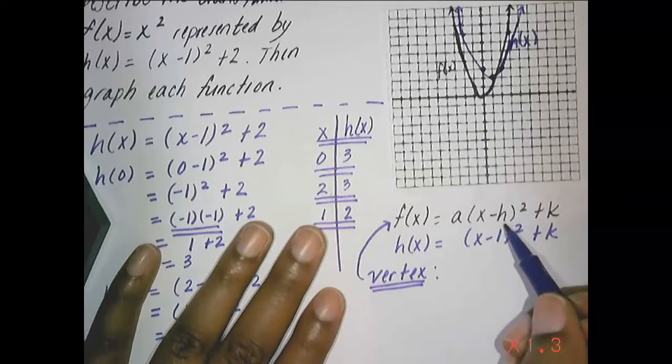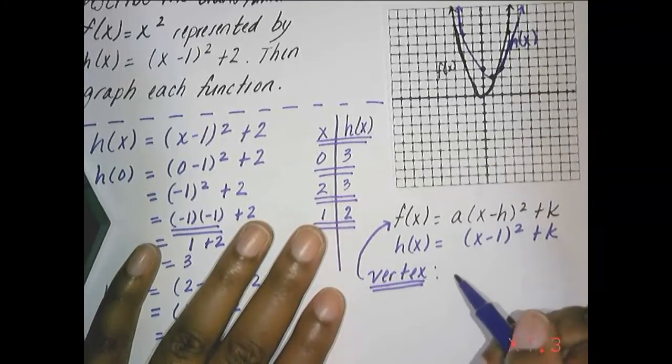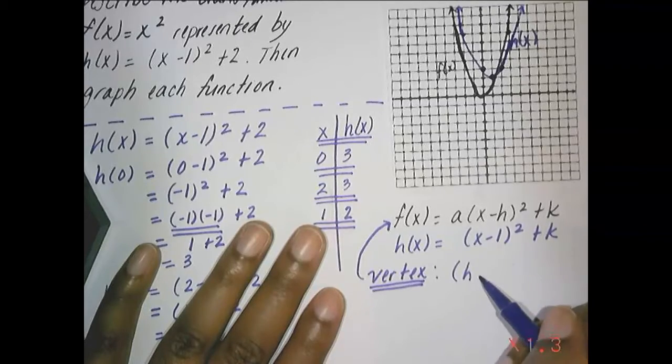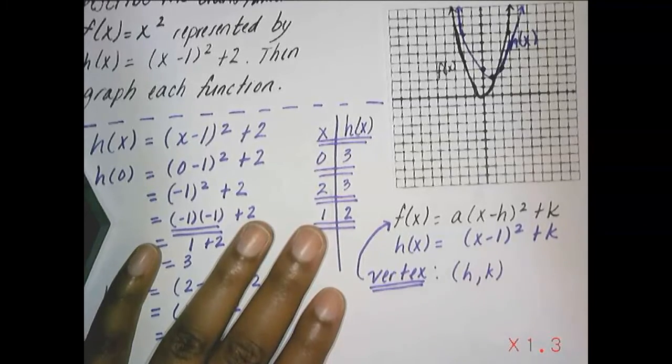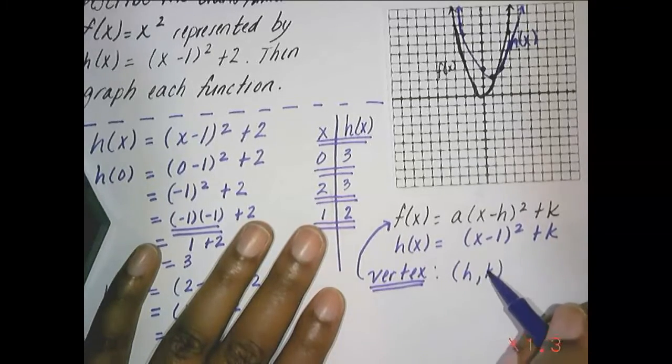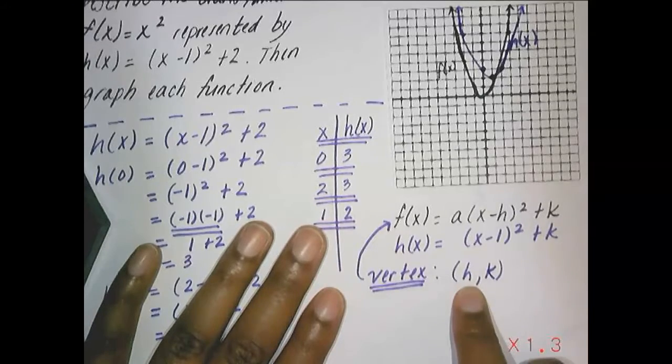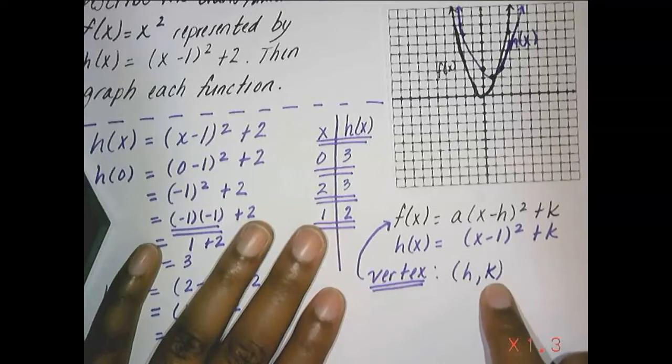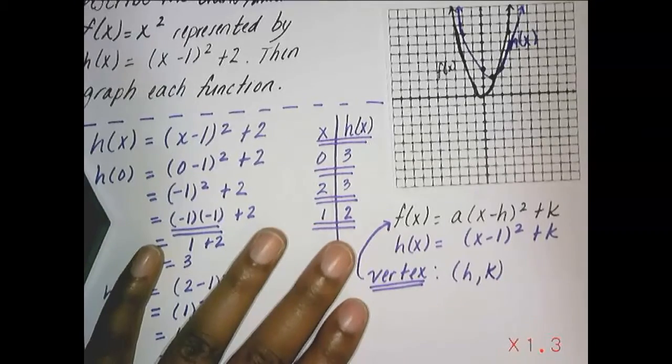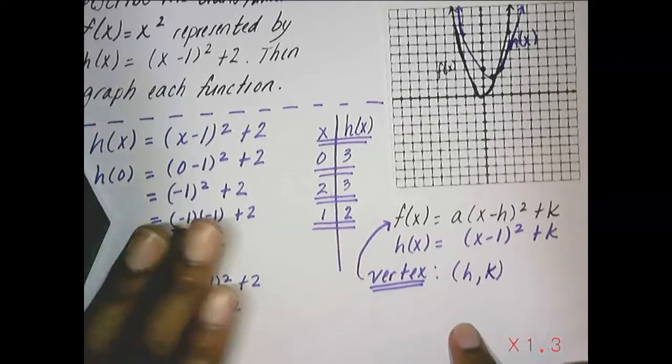Your vertex, your lowest point or your highest point, your maximum or your minimum, is going to be found by H, comma K. Okay, so H will tell you your X value, how far left or right, and K tells you your Y value, up or down.